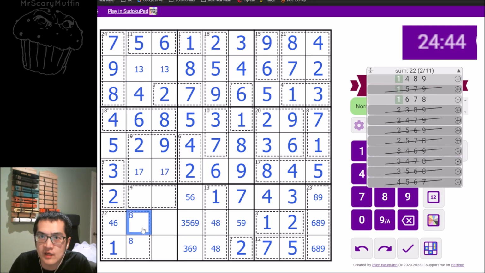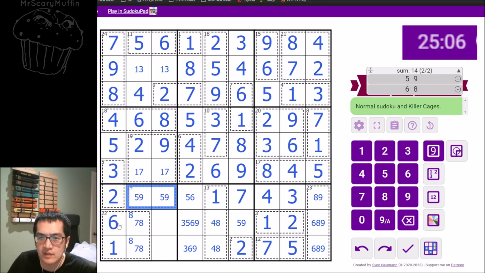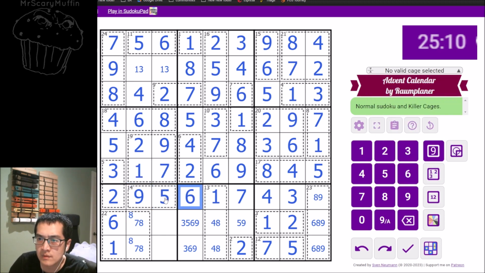This cannot have 5, we already knew that. And then 8 or 7 or 9. If it's an 8, 9, this has nothing, so it has to be the 7, 8 version rather. 7, 8 version requires a 6, which means this is 5, 9. We know which way that goes.